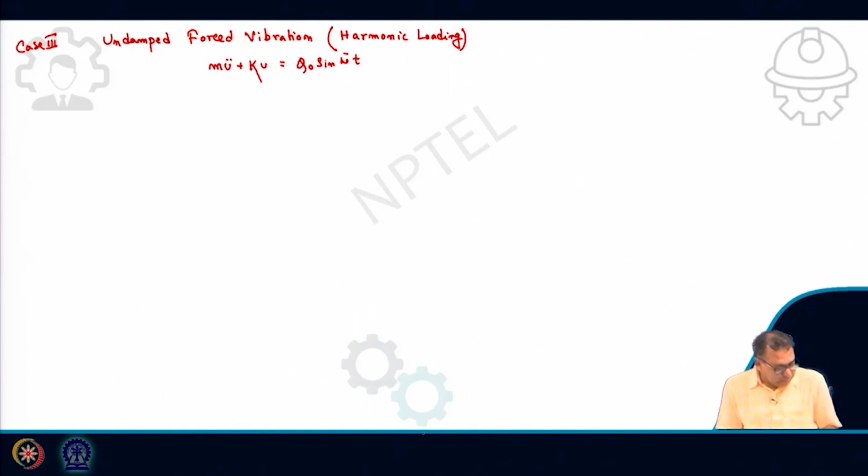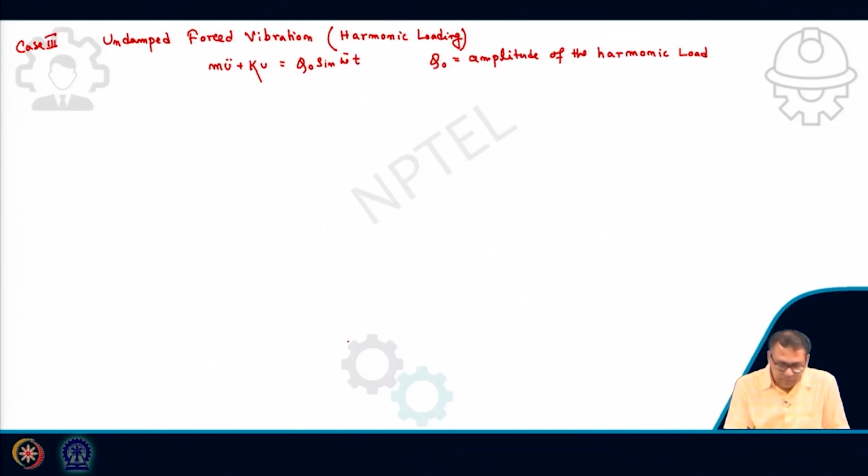Okay, now where q0 is the amplitude of the harmonic load, and omega bar is the circular frequency at which the load is applied.